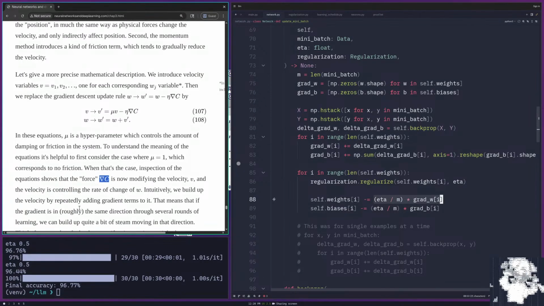Intuitively, we build up the velocity by repeatedly adding gradient terms to it. And if mu is 0, that means there's infinite friction, which means this is always 0, and you're just back to how we were doing it before.